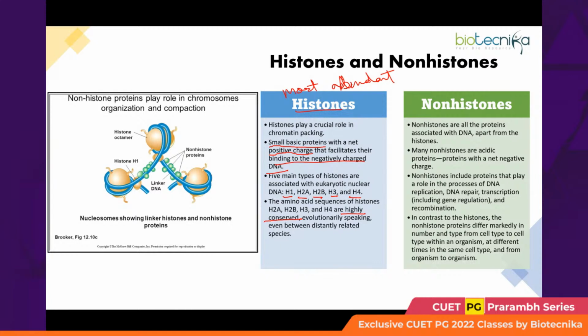Any idea? What we say is that when we look at the amino acid sequences of these four types of histones, whether you take a very simple cell or the cell of a very complex organism, they have been found to be constant. That means they are the same or similar in distantly related species. So that shows that it is evolutionarily conserved. Right, so evolutionary conservation, what does this tell us?